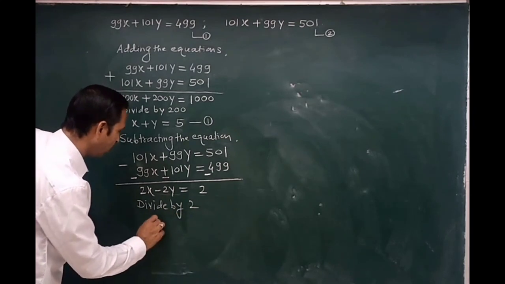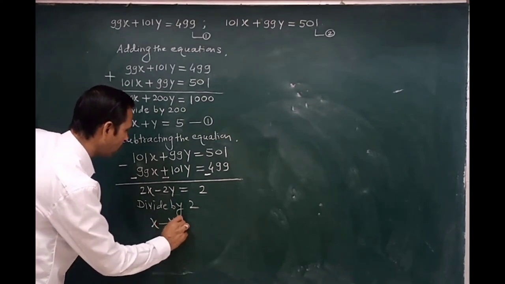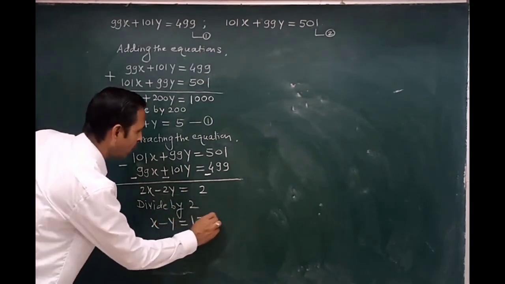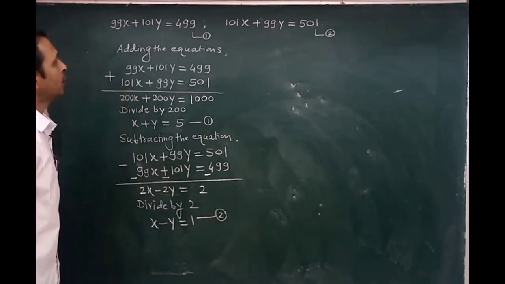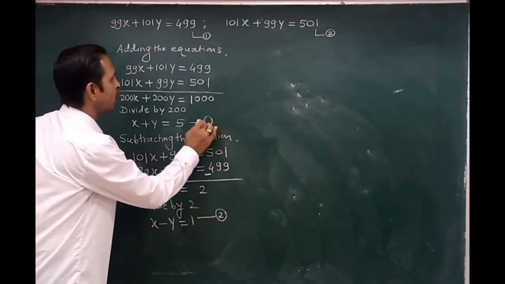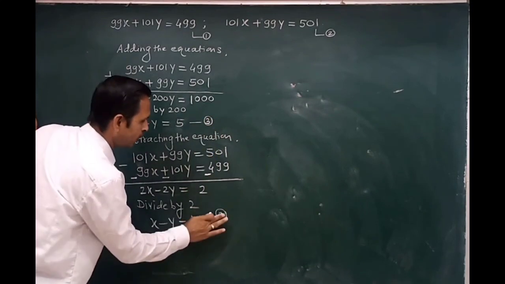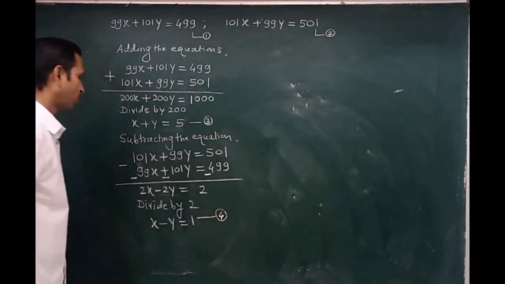We will get the equation x minus y is equal to 1, and we can say that this is equation number 3 and the earlier one is equation number 4.